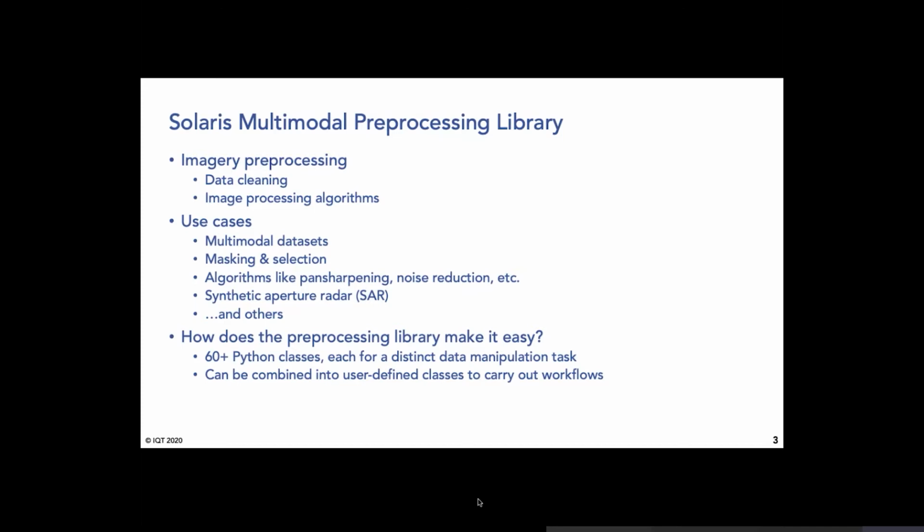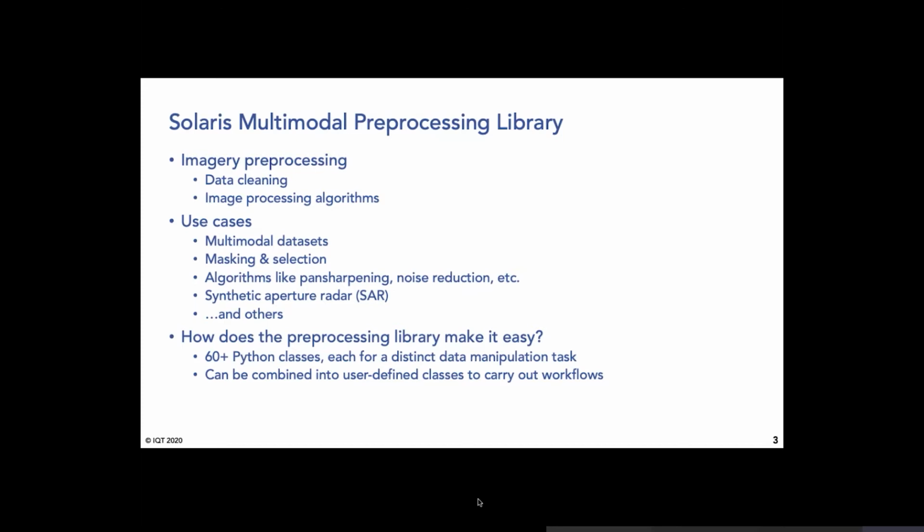And getting from that kind of product to something that's more readily interpretable calls for a whole range of different types of algorithms that one might want to use. So all of these are the kinds of things that we're thinking about in terms of preprocessing geospatial data, and in particular geospatial imagery. So how does this preprocessing library in Solaris make the job easier?